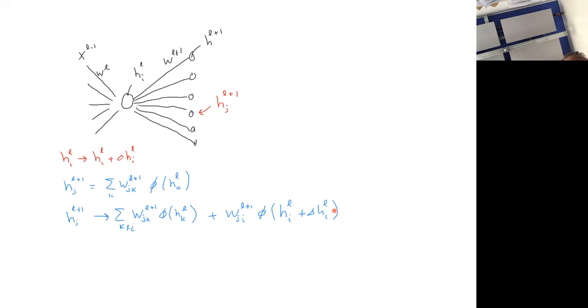And this term now, if the change is small, is approximately equal to phi of H_i^L plus phi prime of H_i^L delta H_i^L. Okay. So what that means is H_j^(L+1) goes to H_j^(L+1) plus W_ji^(L+1) phi prime of H_i^L delta H_i^L.